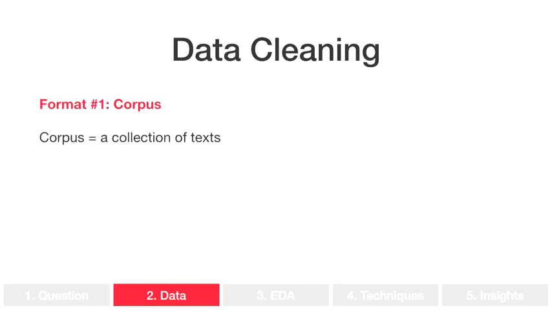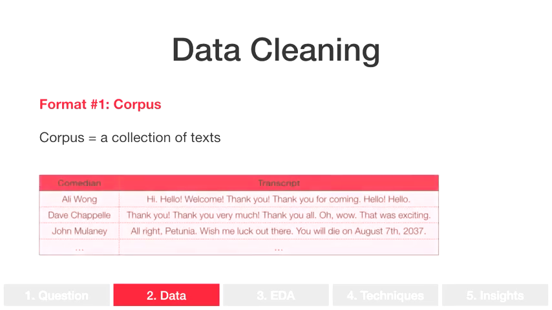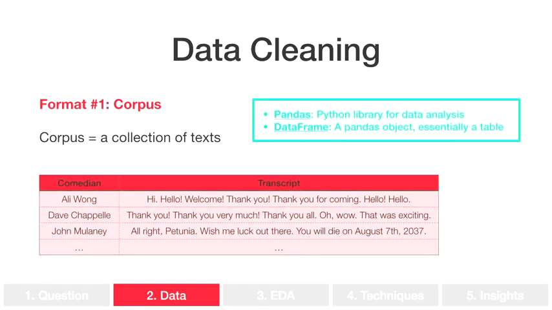So the first is a corpus. And a corpus is just a collection of text, very simply. So the goal for this step is just to get the data in this nice table here. And the way we're going to do this is using pandas. So again, pandas is the Python library for data analysis.